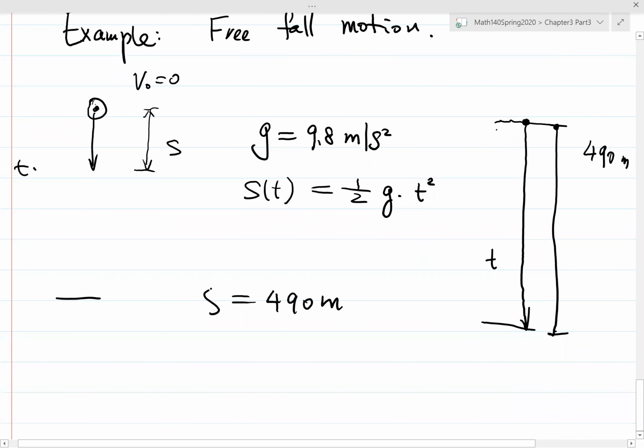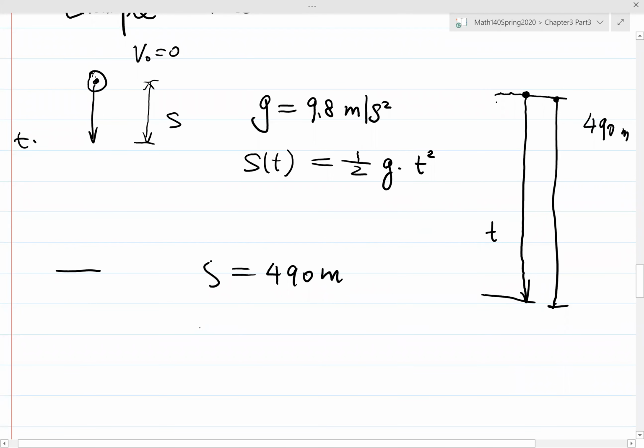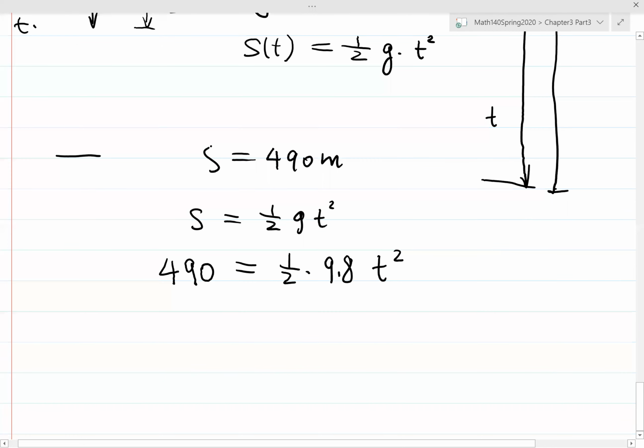To find t, we use s equals 1/2 g t squared, where at time t it hits the ground. If you plug in the constant 490, this will be 1/2 times 9.8 t squared, which is 4.9 t squared.